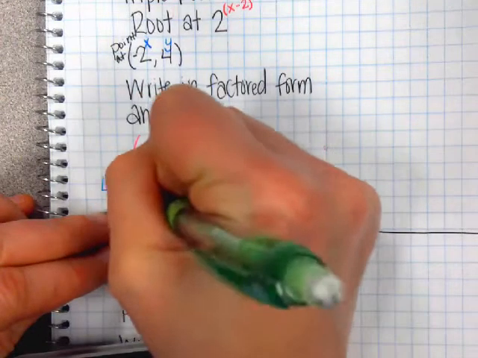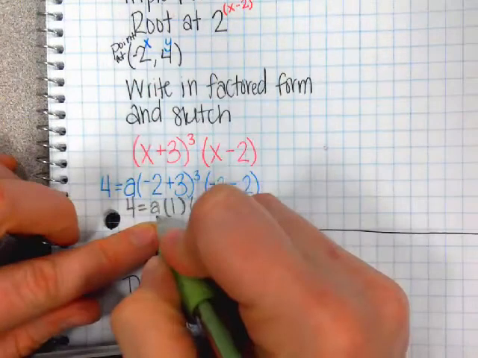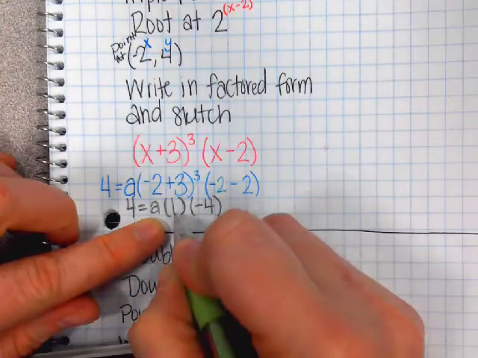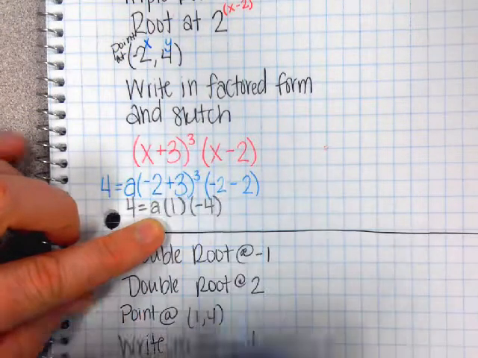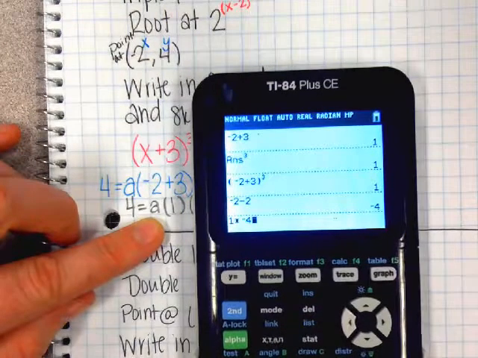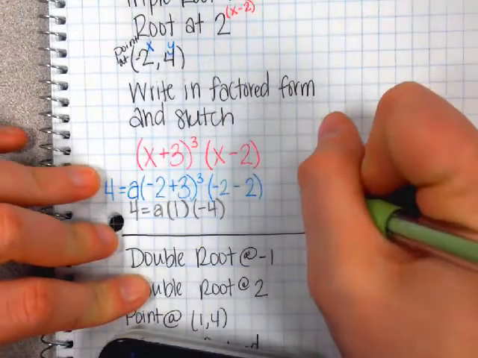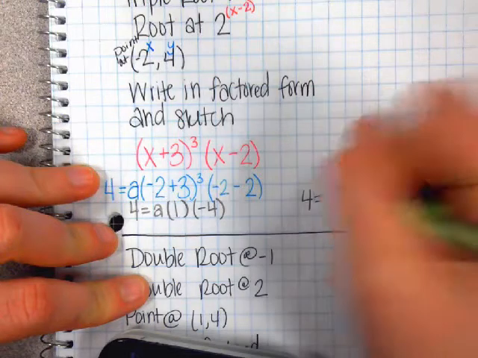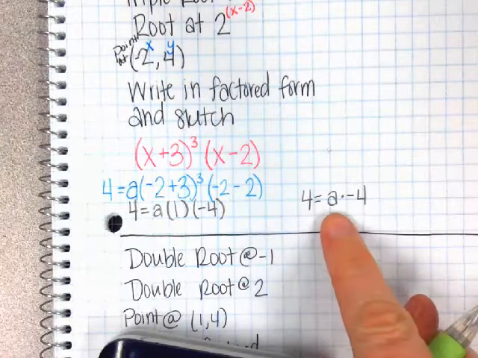So then it would be 4 equals A. Well, if I'm trying to find my A value, 1 times -4 is -4. So 4 equals A times -4.